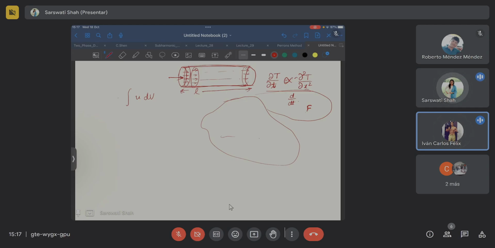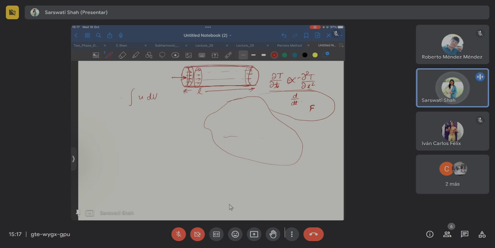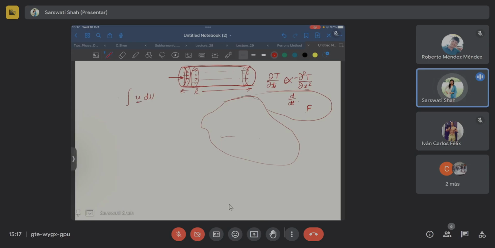Let me ask you one question. If u is any quantity that is changing in this domain, and this is delta v, a small volume, then to write all the quantity in this domain, we will take the integration over this delta v, is it not?